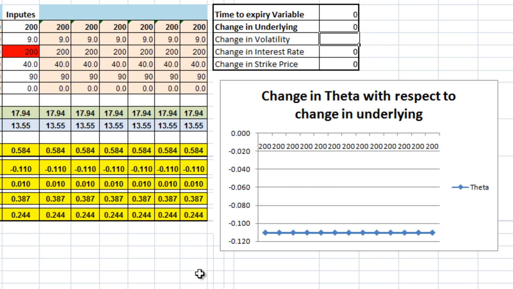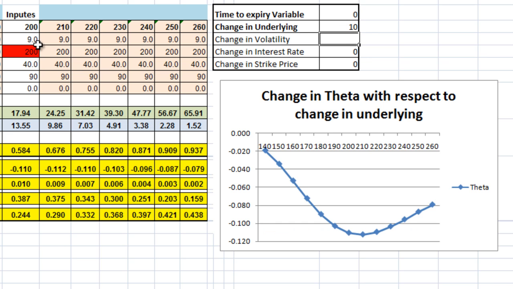Let's understand the theta with respect to the change in underlying asset. Now all the variables remaining the same, I just change the underlying value to see the value of theta. What is happening here is, if the option contract becomes more in the money, so that means the price increases, in that situation I can see the theta is reducing.